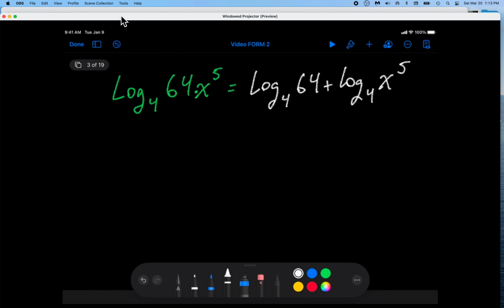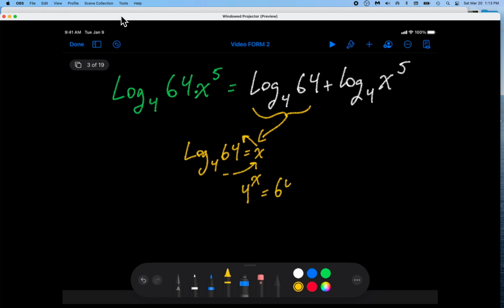Now folks, we can evaluate the first term with a little miniature problem here because we could do whirlybird. So what we're going to do is we're going to see if this can be evaluated. We set that equal to x. We do the whirlybird move. 4 to the x equals 64. We know that 64 is 4 to the 3rd power.